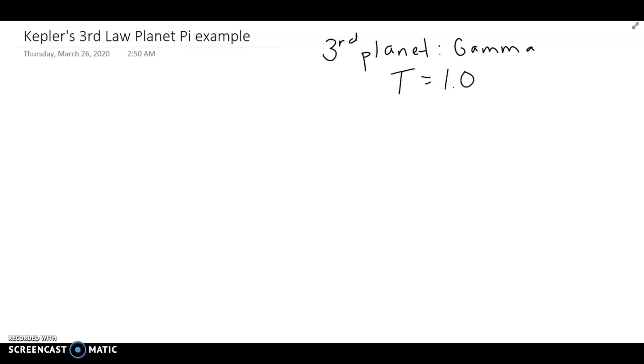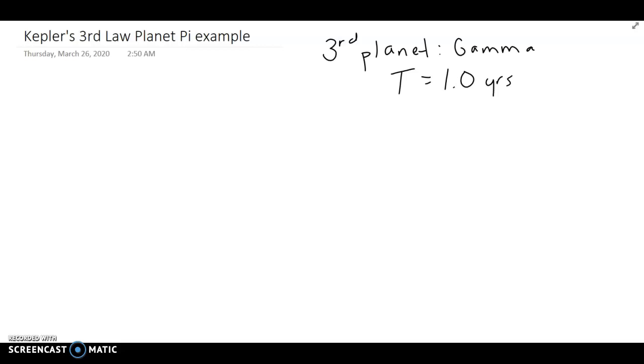That was 1.0 years. So as far as we were concerned, 1 year in this example solar system was 1 trip of Gamma around the sun, just like with the Earth, 1 year is 1 trip that Earth makes around our sun.